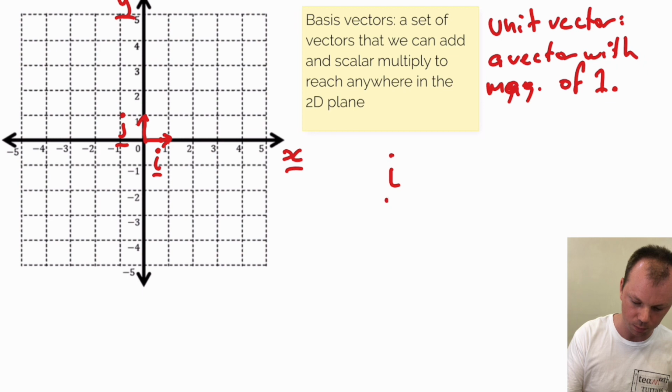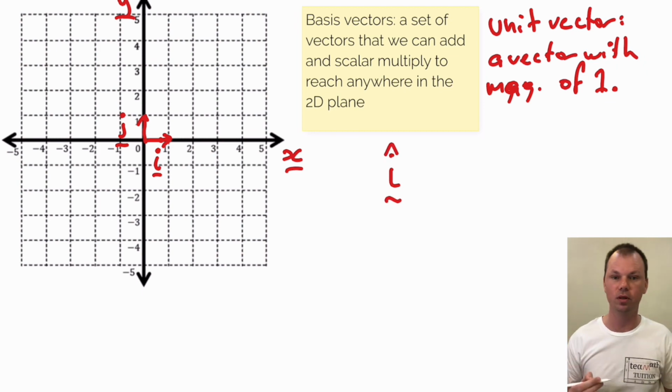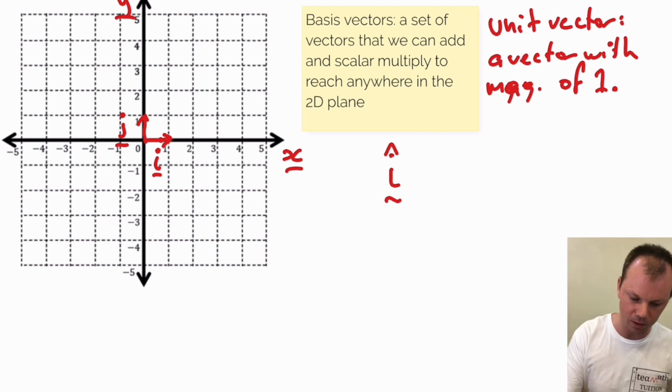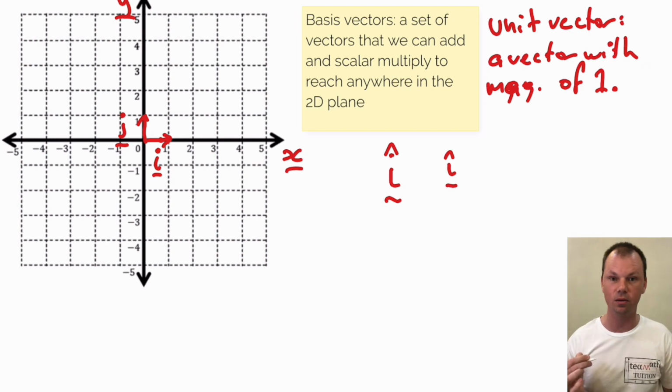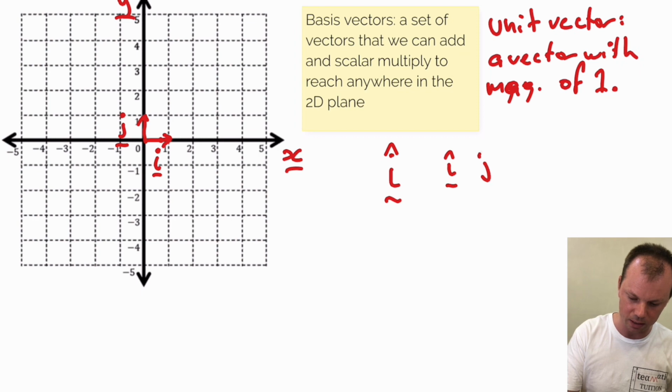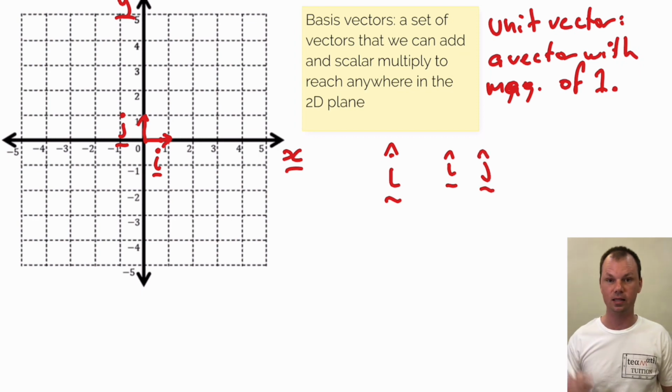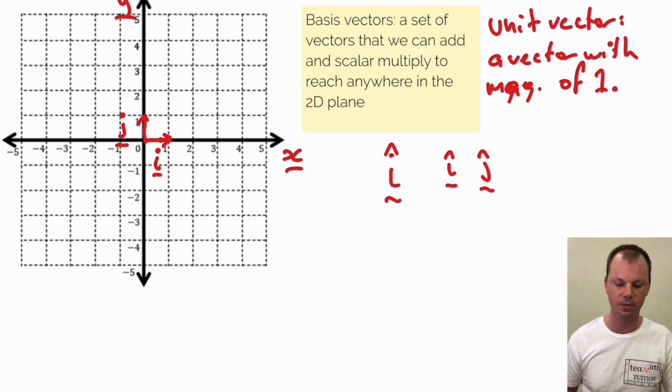We put a little hat over the top of them to denote that they're unit vectors. So when we have the i and j, we replace the dot with a little hat. So that's our basis vector in the x direction, and our j vector is like that. That's our basis vector in the y direction.